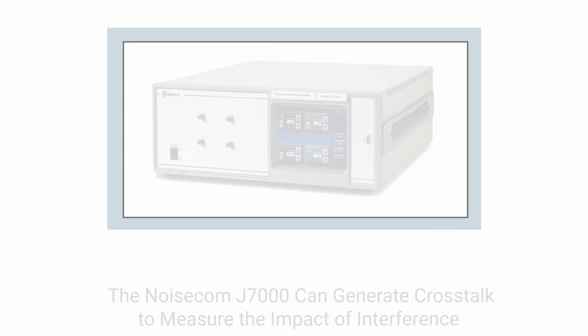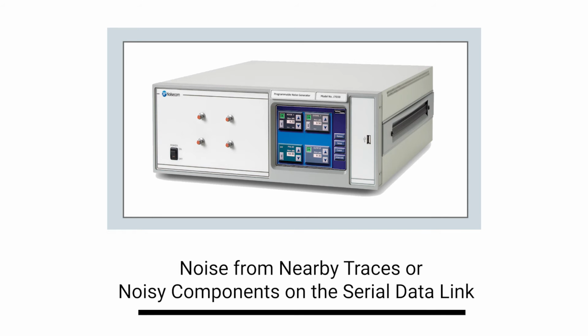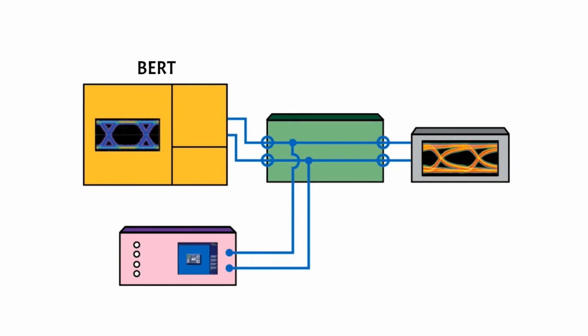The Noisecom J7000 can also generate crosstalk to measure the impact of interference, such as noise from nearby traces or noisy components on the serial data link. In this example, a bit error rate tester generates a serial data signal for DUT evaluation.